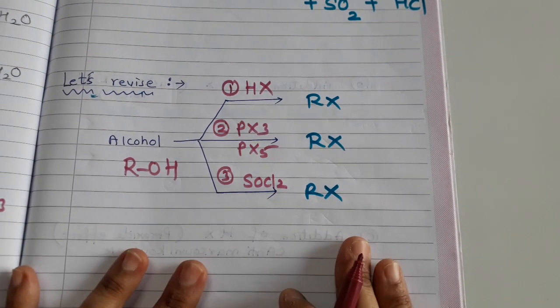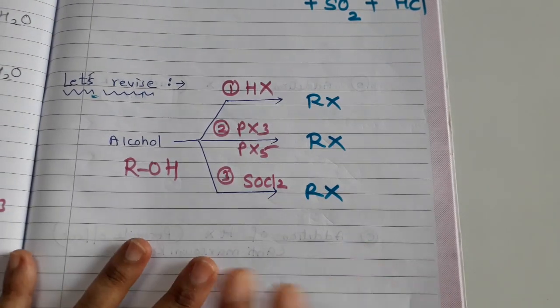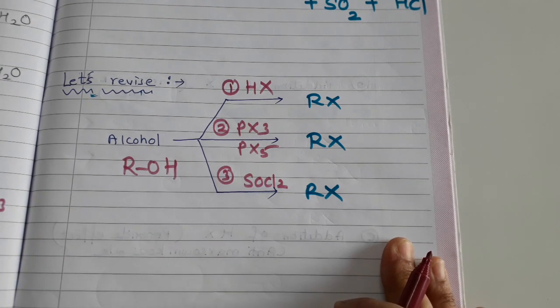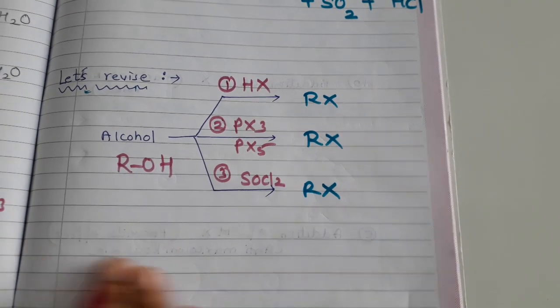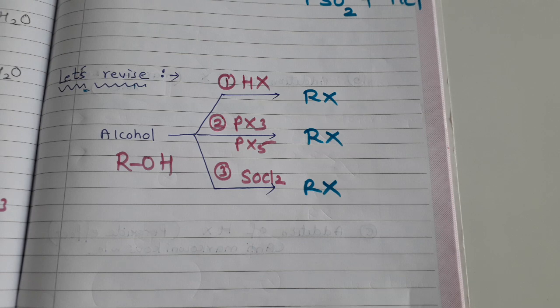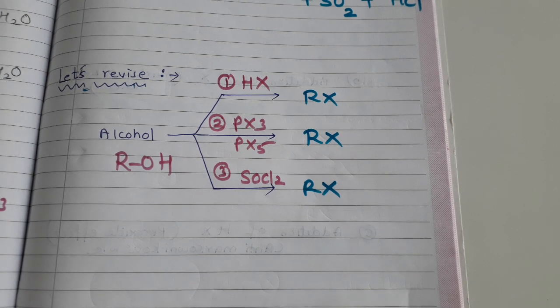See, if you want to know the details of each chemical reaction, you will have to read your textbooks or reference books. Okay, this video I have just made with the intention to have thorough practice of the chemical equations. So let us not waste our time and move on to the next method of preparation of alkyl halides from hydrocarbons.